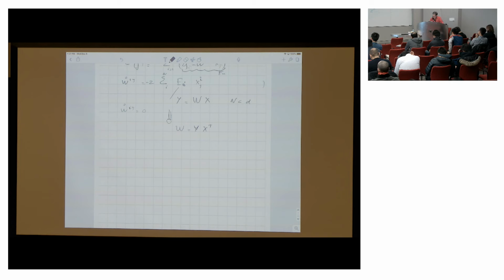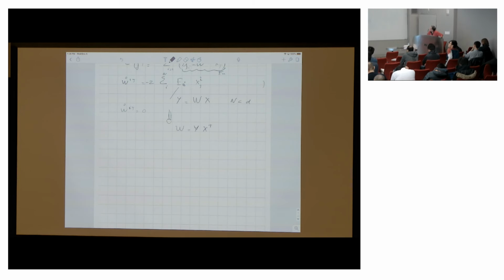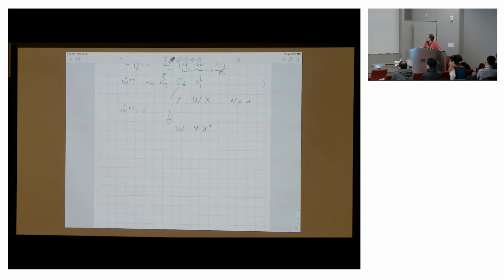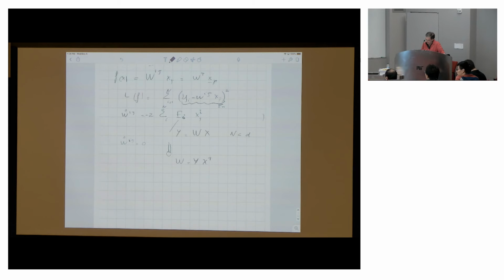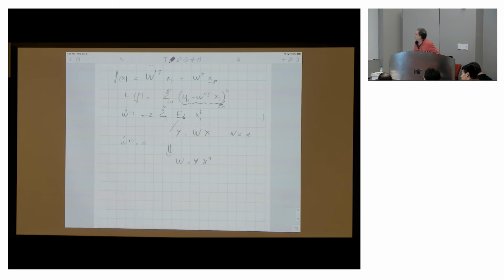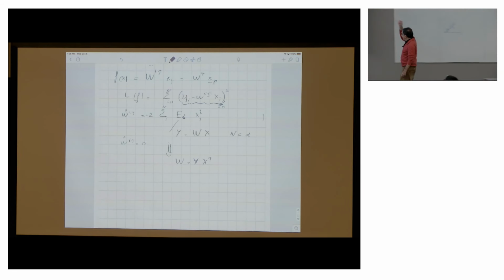in this case, I have a degenerate situation in which, if I look at the solution of the minimum of the least square problem, I have an infinite number of solutions. I have an infinite number of choices for W which put the error to 0.